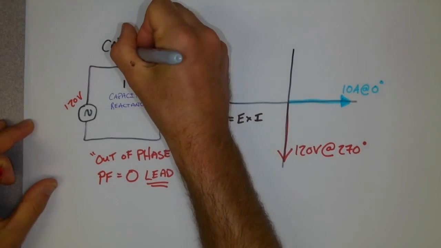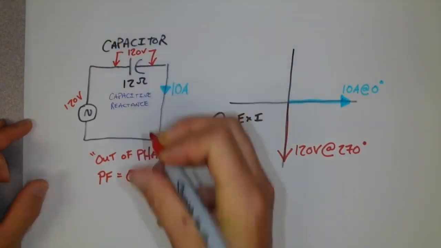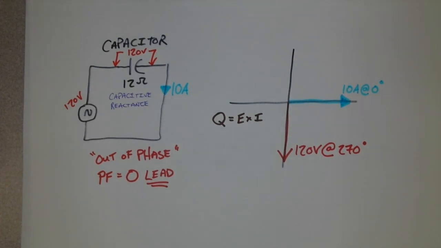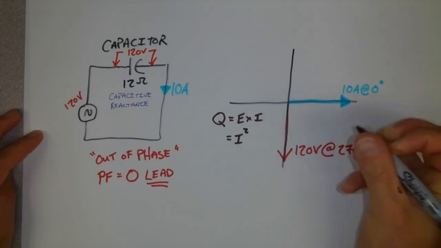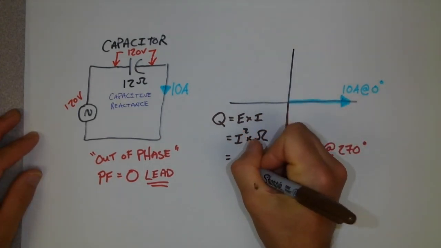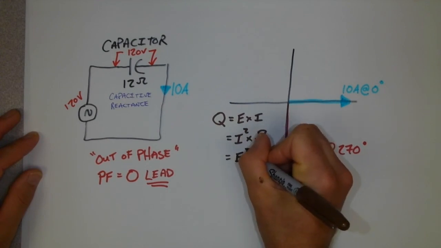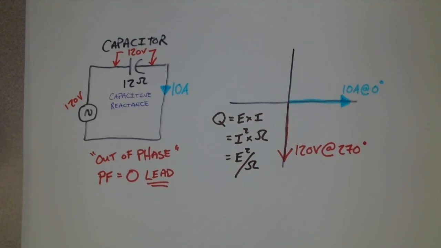And remember, we still have 120 volts across the cap, right? We could also calculate Q with the current through the capacitor multiplied by the ohms of capacitive reactance. Or we could take the voltage across the capacitor and divide it by the ohms of capacitive reactance. Either way, we're going to come out with VARs.